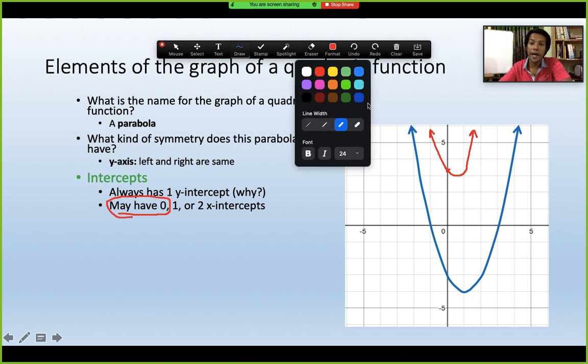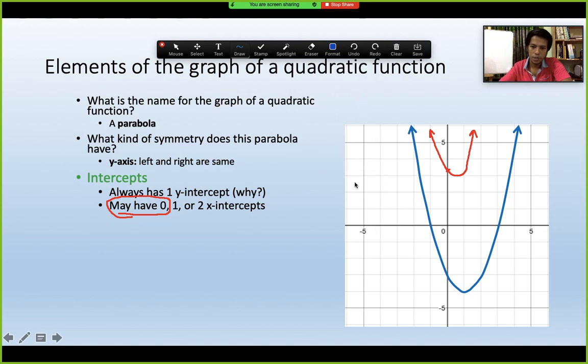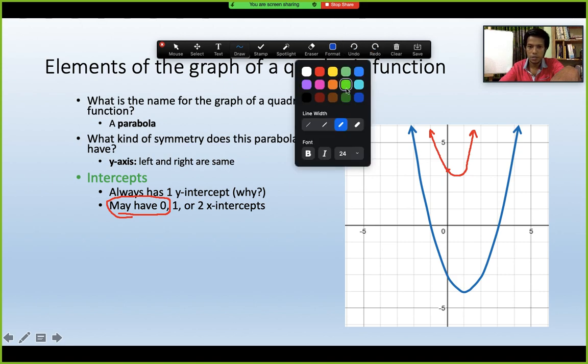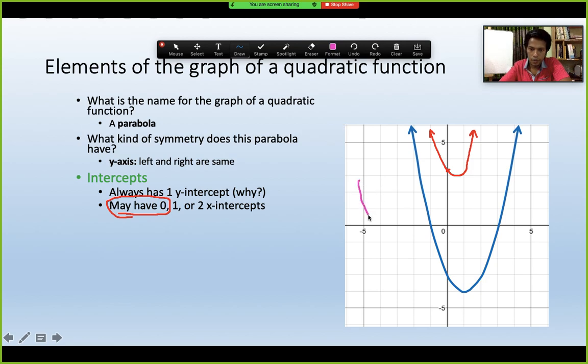Let me show you 1 x-intercept. Suppose I draw a parabola here, let me use another color. If I draw a parabola here, there will be just one x-intercept, just this point.